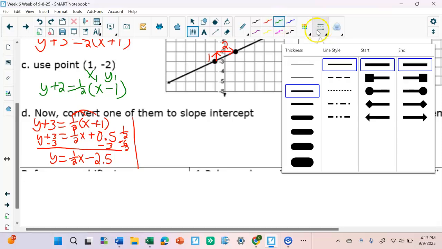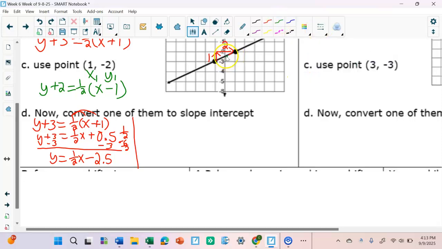Sometimes the b, and you can see on the graph, b right here, you can see b is negative 2.5. It looks like, so we know exactly where that one's going. And just in case you chose this one, if you chose the other one, then move on with the video. So here I get y plus 2 equals 1/2 x minus 1/2, because multiply the numerators and denominators.